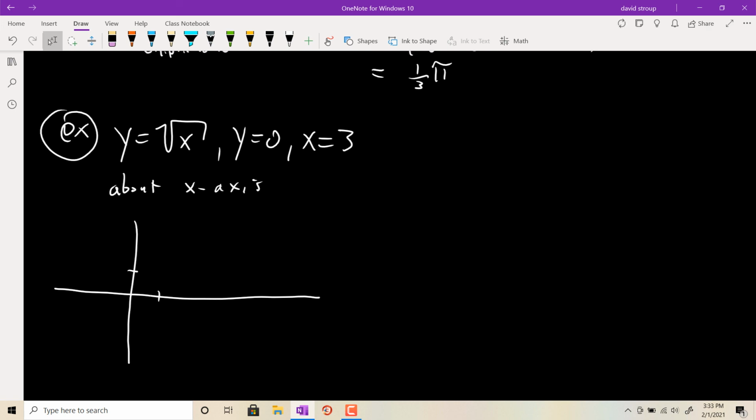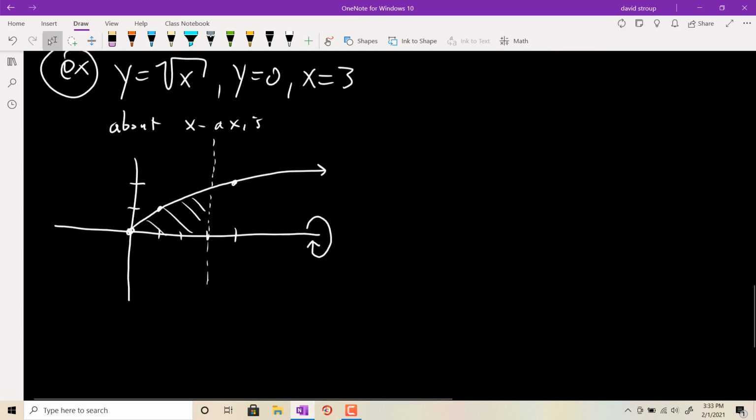Square root of x, of course, at 1 it's at 1, at 0 it's at 0, at 4 it'll be 2. Just doing some point plotting, and then kind of get a picture. y equals 0 is the x-axis. x equals 3 is a vertical line going through 3. So the region we're rotating is that region, and we're going again about the x-axis.